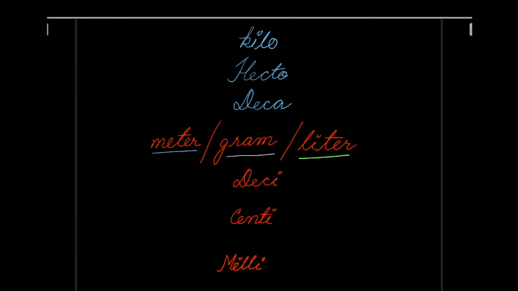Then decimeter, decigram, deciliter. Centimeter, centigram, centiliter. Millimeter, milligram, milliliter. Okay. So in upward direction, what? The unit is gradually increased.